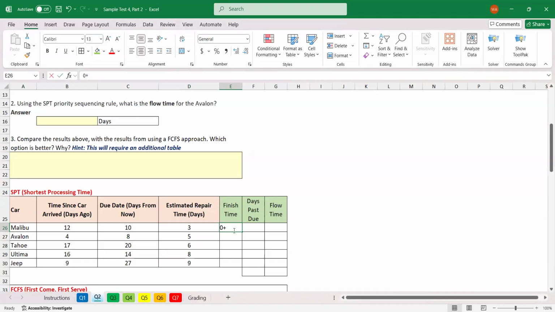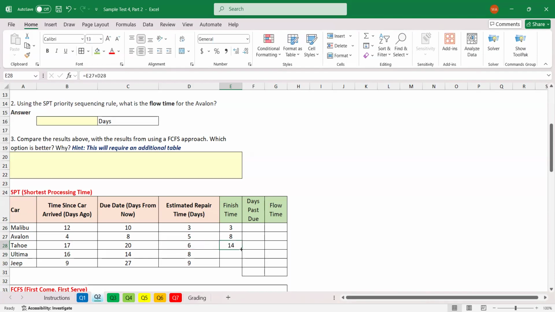So we should be done in 3 days' time. As soon as we finish working on the Malibu, which is 3 days from now, we are going to start working on the Avalon. And that's going to take 5 days to repair. As soon as that's done, which is at the end of day 8, we're going to work on the Tahoe. That's going to take 6 days.